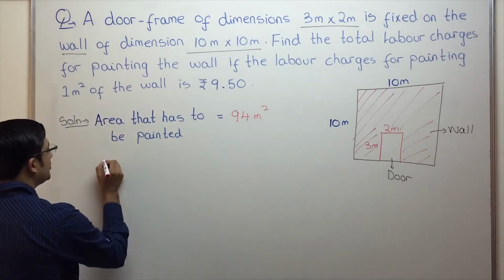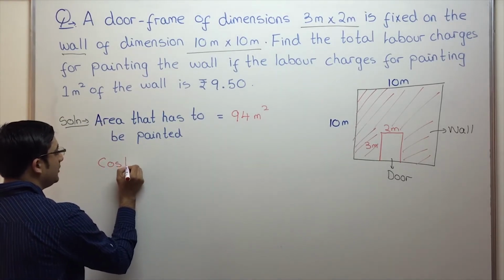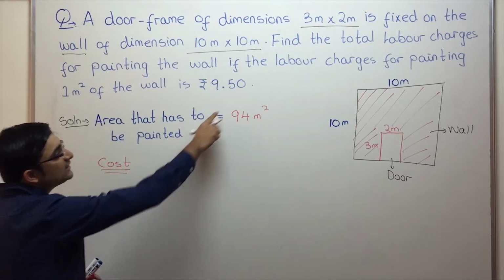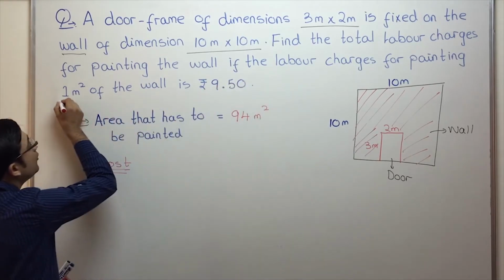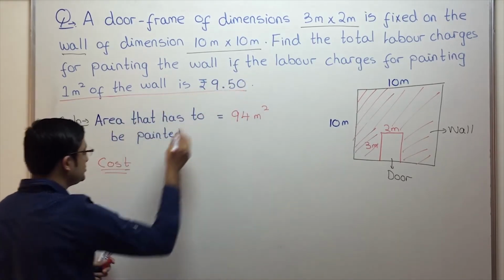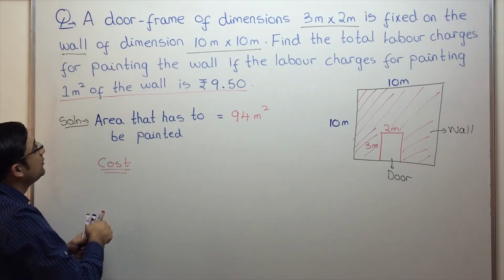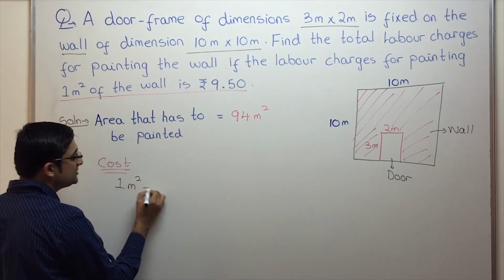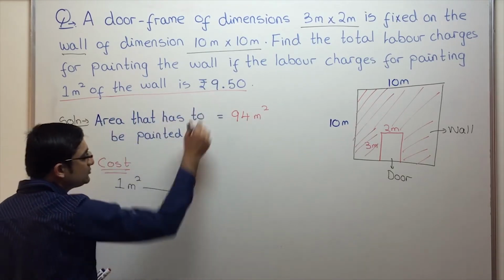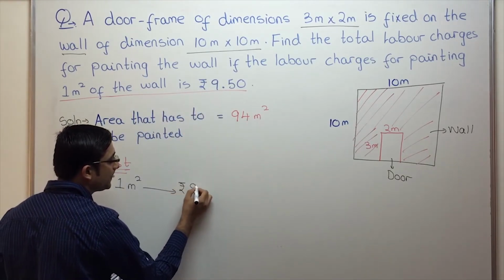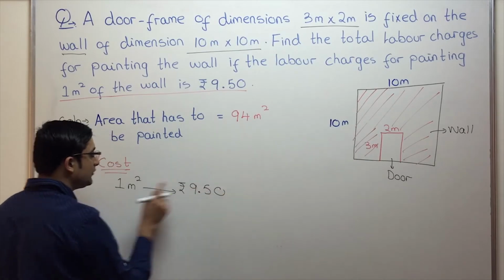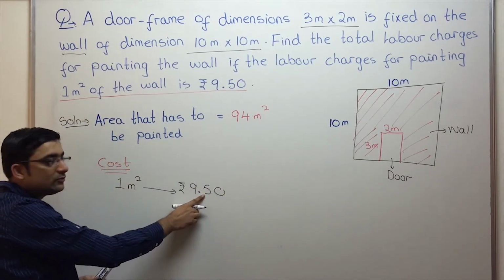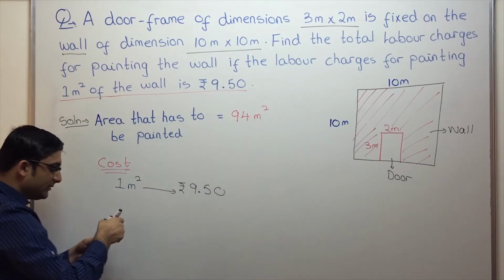So let's begin. Cost is equal to, how do we find the cost? See, we're given that the labor charges for painting 1 square meter is so much, right? So if I want to paint 1 square meter, what is the cost? The cost of painting 1 square meter is rupees 9.5. Right, this is given to us. So for 1 square meter, if the cost is so much, what is the cost for 94 square meters?